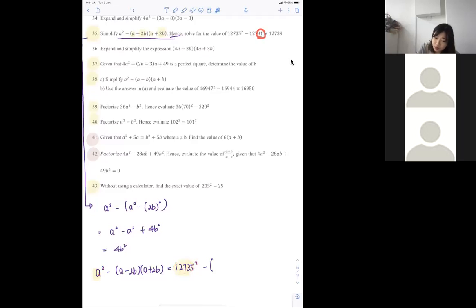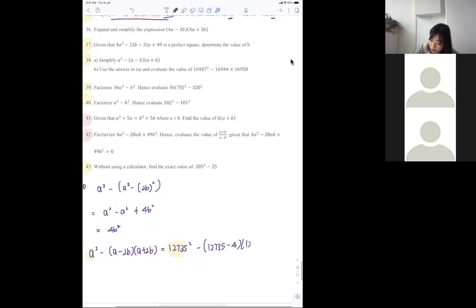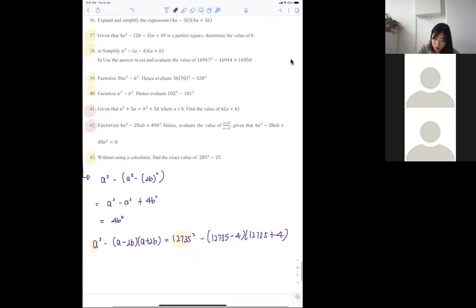From 35, you want to go to 31, so we minus. 12735 minus 4. Next one, from 35, I want to go to 39. It's 12735 plus 4. So if all my a I highlight in yellow, can you tell me what is 2b?